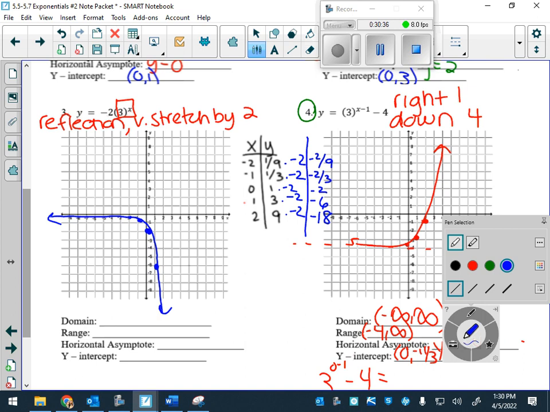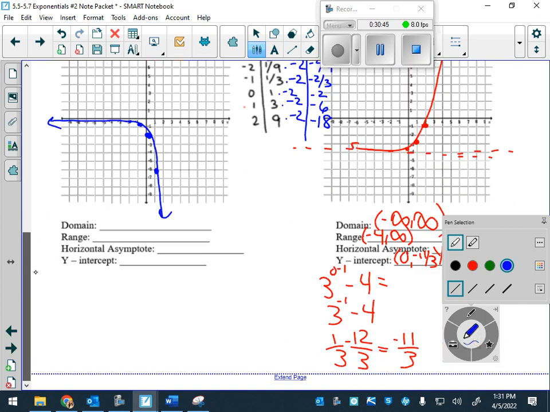What stays the same? What's one thing? Brayden? Domain, good. What else stays the same? Louise? Which is y = 0, okay. What's different? Danielle? Which would be what? -infinity to 0.